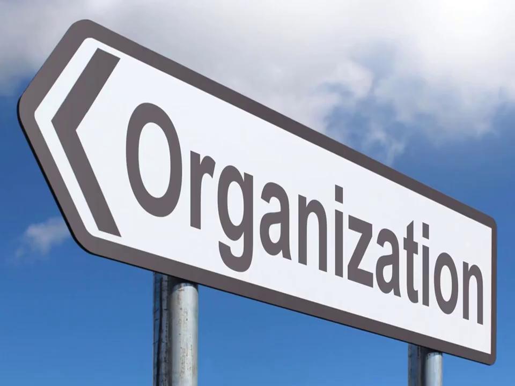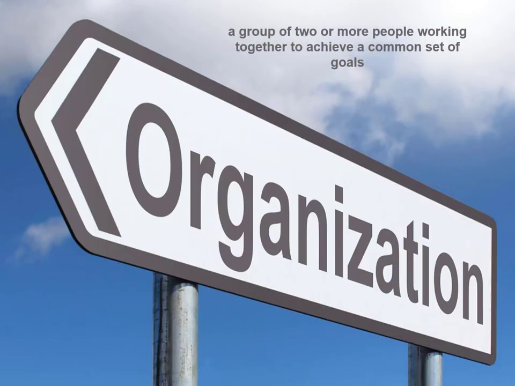So first, we should probably define what is an organization. An organization is just a group of 2 or more people working together to achieve a common set of goals. We can think of a neighborhood business, perhaps a family-owned dog grooming and dog kennel.